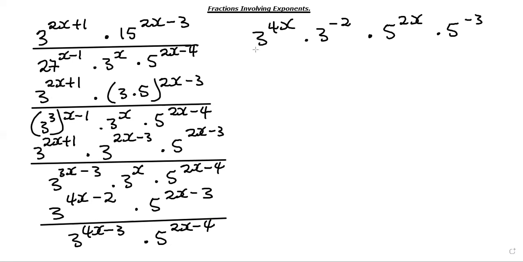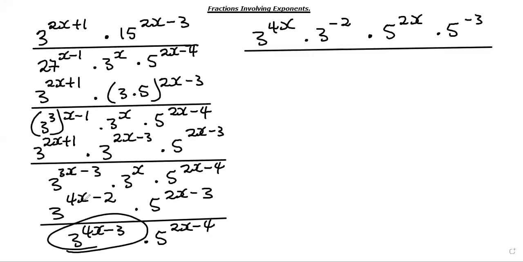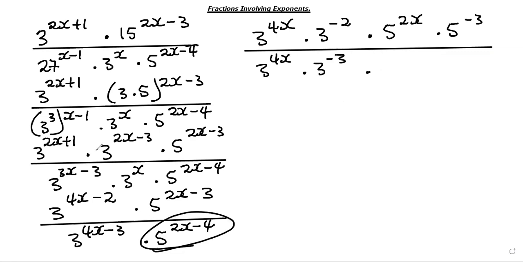And then you say the whole thing is divided by what? Before it became this, it was once 3 to the 4x times 3 to the negative 3. And before it became this, it was once 5 to the 2x times 5 to the negative 4.